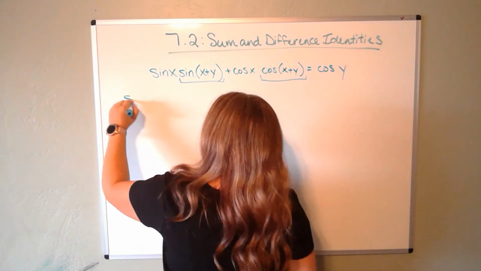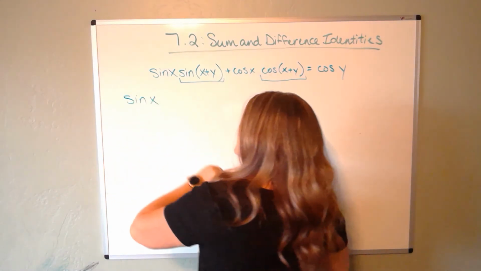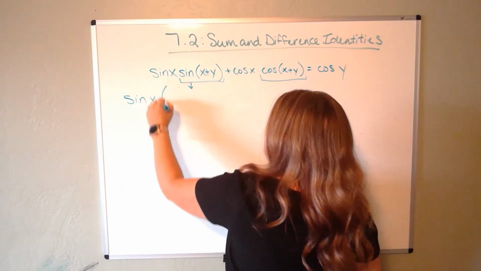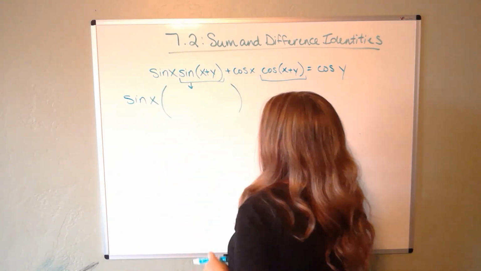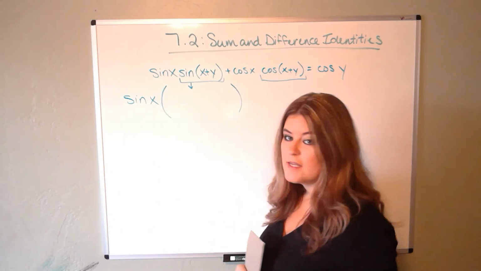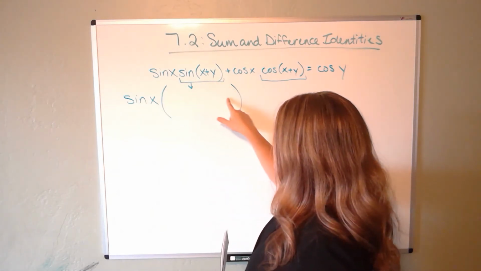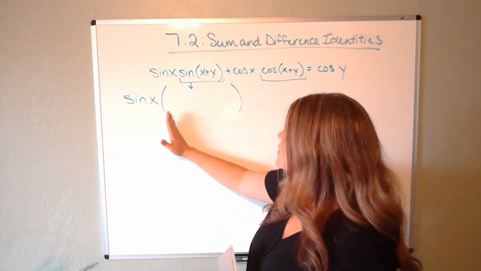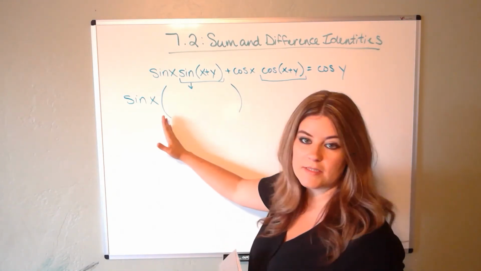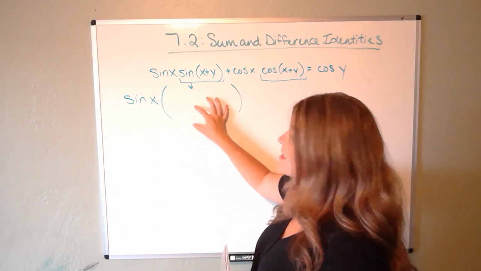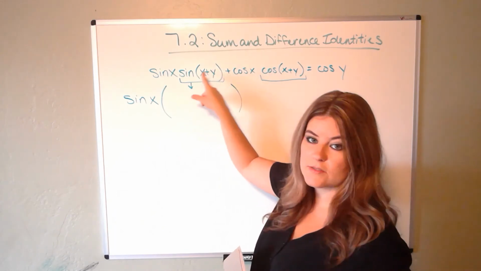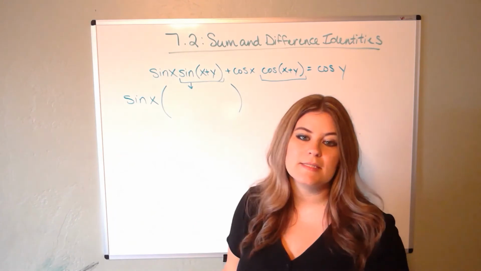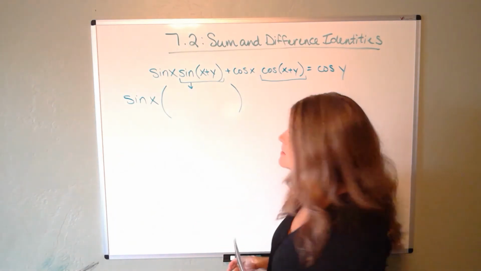So what I'm going to do first is I have this sine x. I'm going to replace this term with the sine a plus b identity. Now, I know that that identity creates 2 terms. Those terms have to be in parentheses because it still has to be grouped together like this is grouped together. So you guys, when you're going from here to here, please don't lose your parentheses.